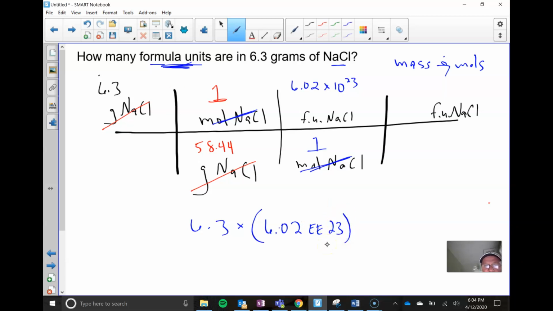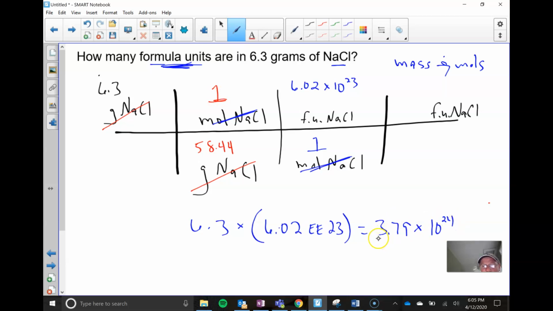Okay, now when you have numbers on the top and the bottom here, you have to do everything on top first and then get an answer. So I'm going to pause and do that on the calculator. Okay, that gives me an answer of 3.79 times 10 to the 24 on top.